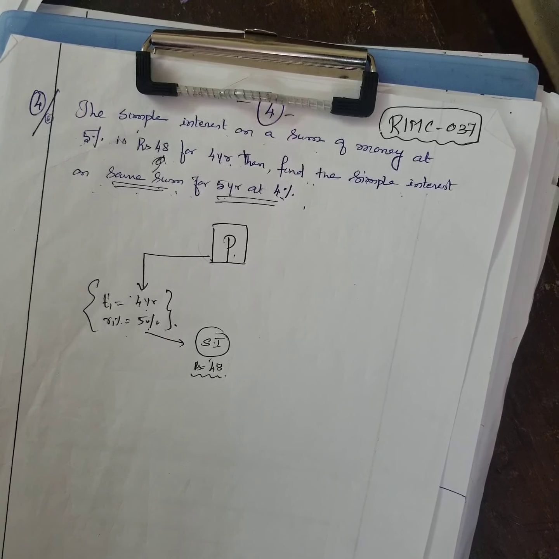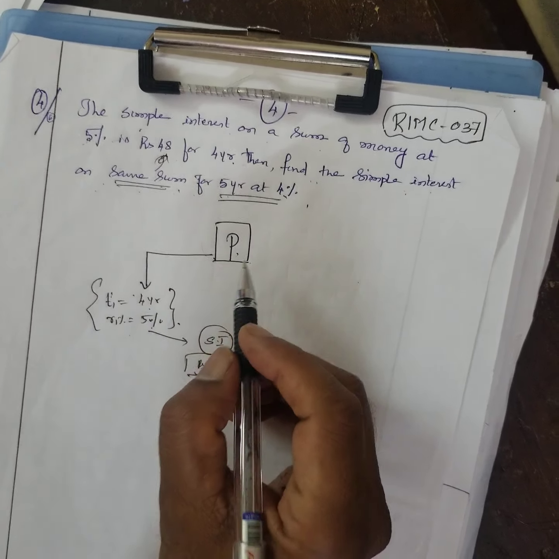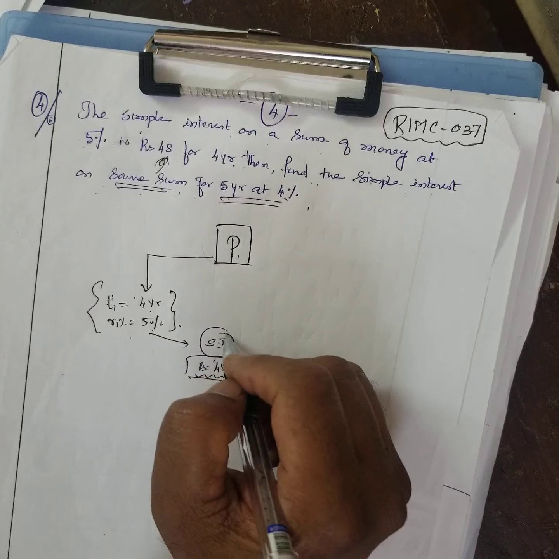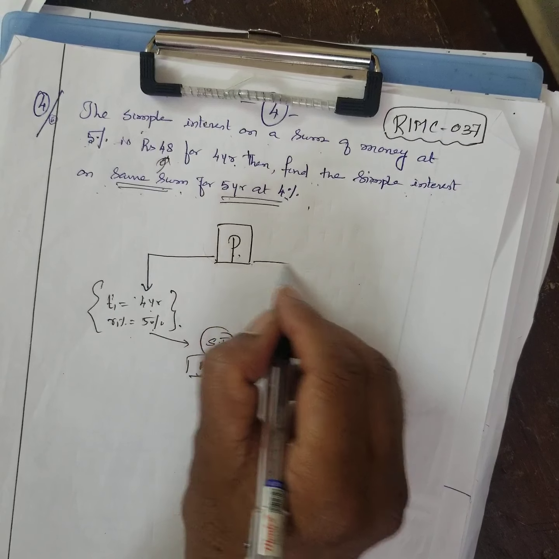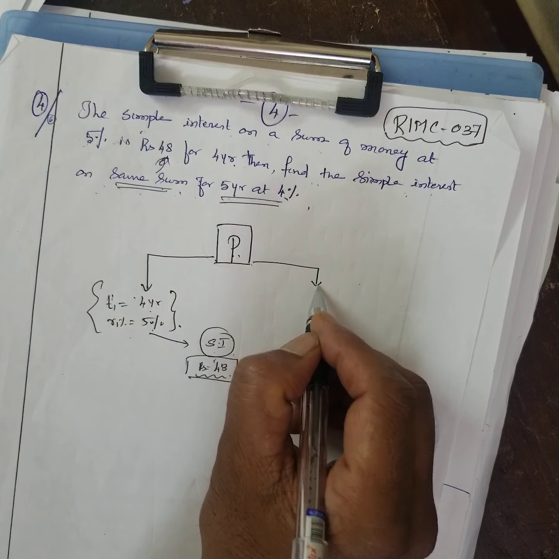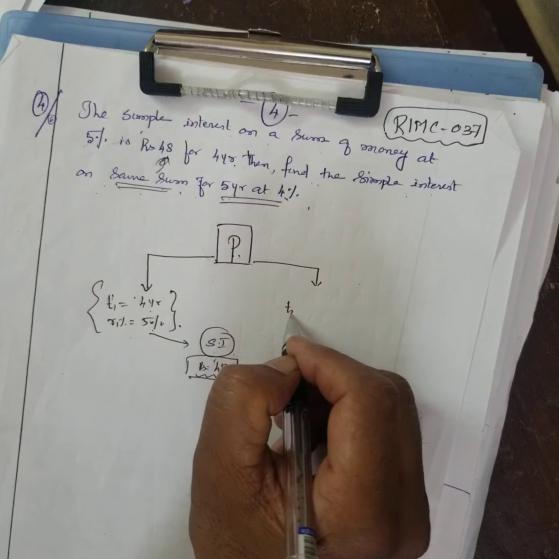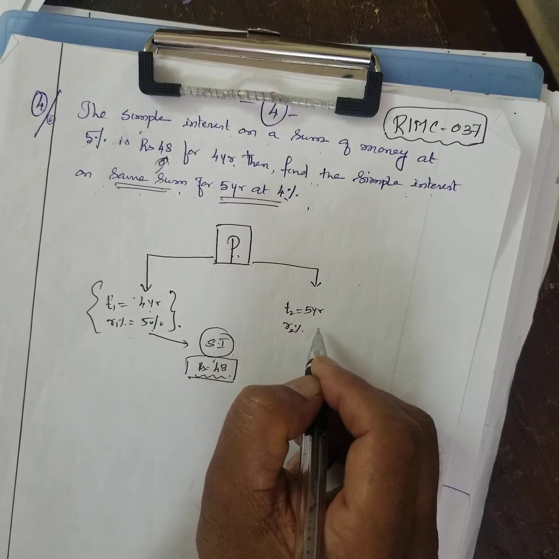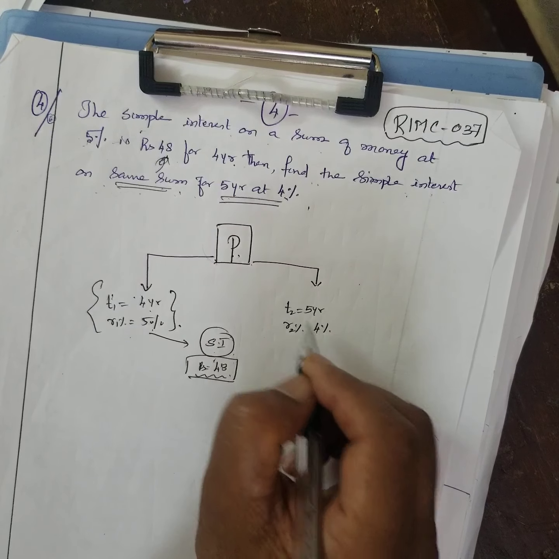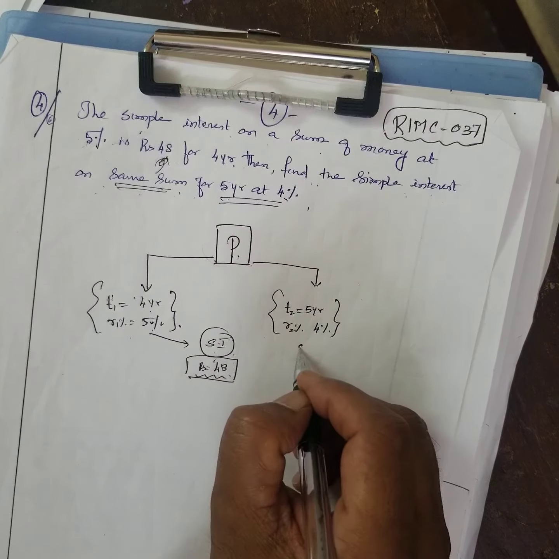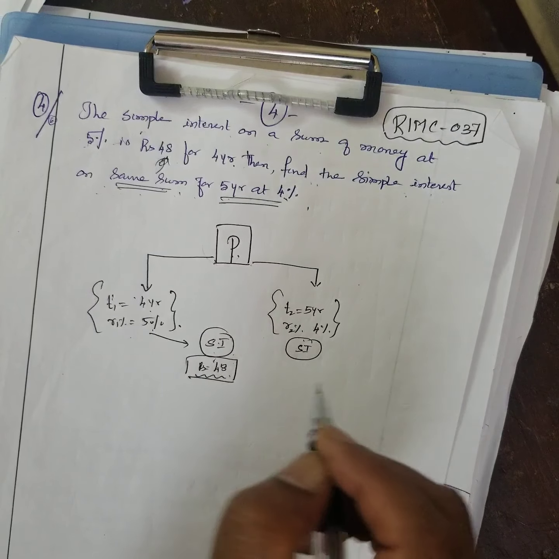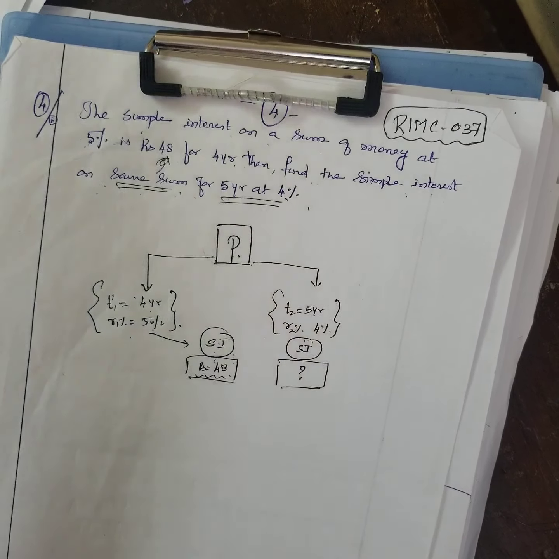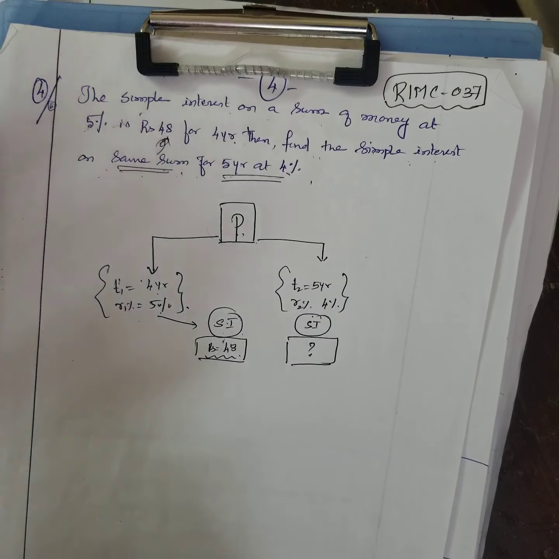You have to think properly. For the same money, find the simple interest for 5 years at the rate of 4%. What is this amount you are going to get? They are asking this. Read the problem properly.